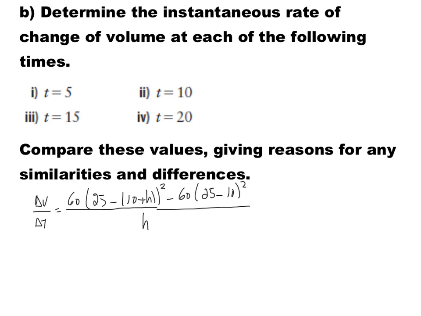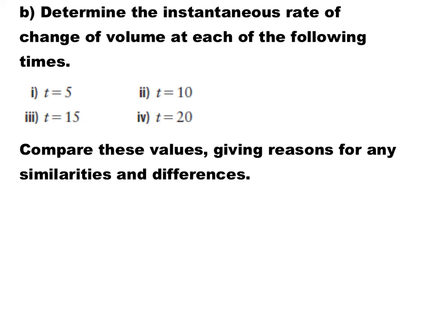If we simplify this one, we get 60h minus 1800. Again, as we let h go to a very small number close to 0, 60h is not going to contribute anything. It becomes 0. So the answer becomes negative 1800 liters per minute.